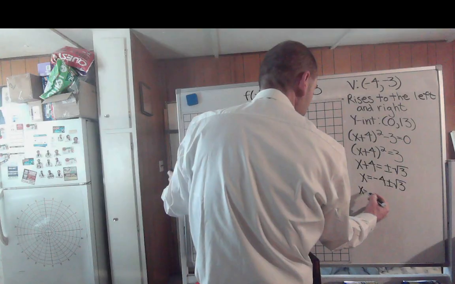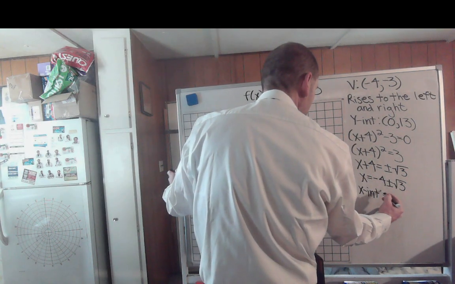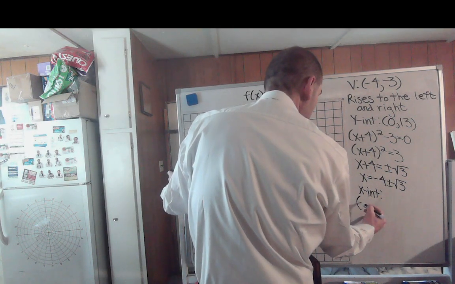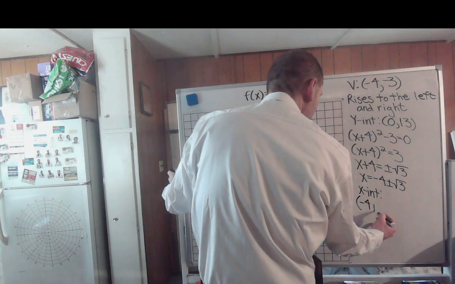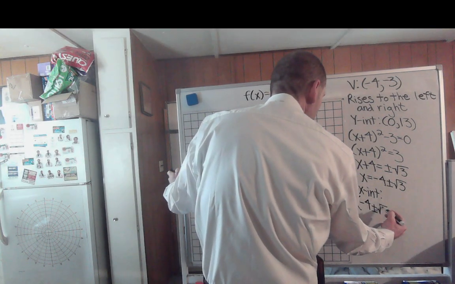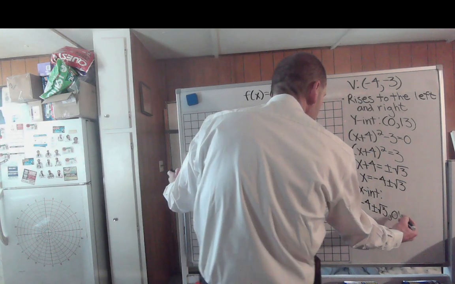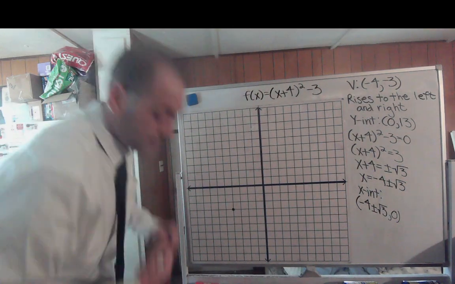So your x-intercepts can be found at the points negative 4 plus and minus the square root of 3, 0. So let's plot our x-intercepts.